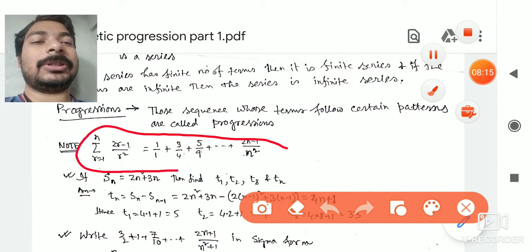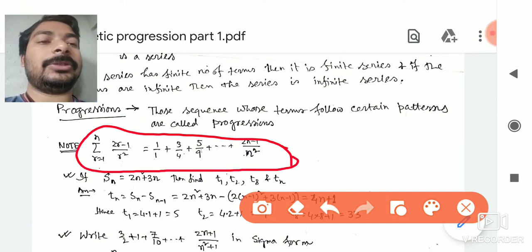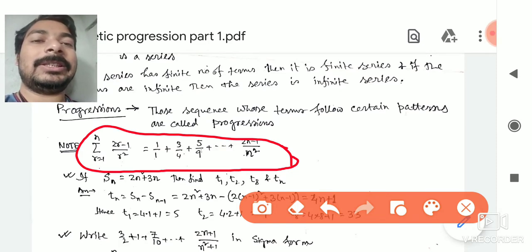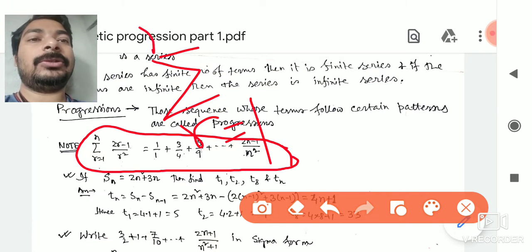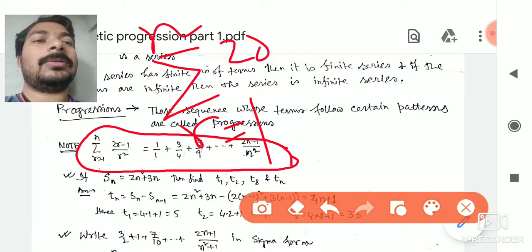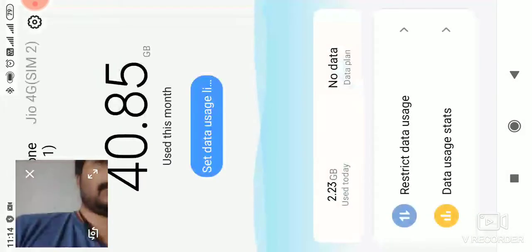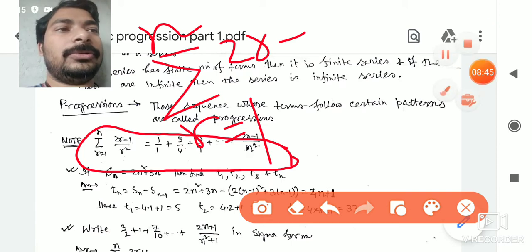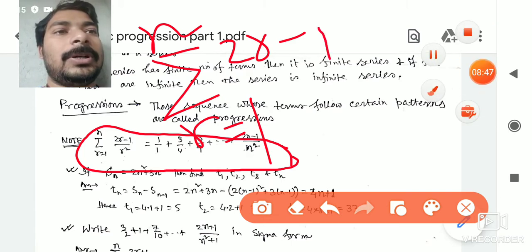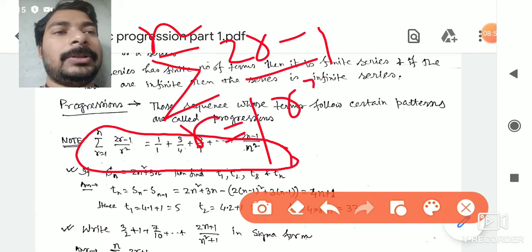This is the sigma notation. To make you understand, I have given this example. In sigma notation, you write sigma, look, this is the symbol of sigma. Sigma, r equal to 1 to n, where r is the variable, of 2r minus 1 by r square.